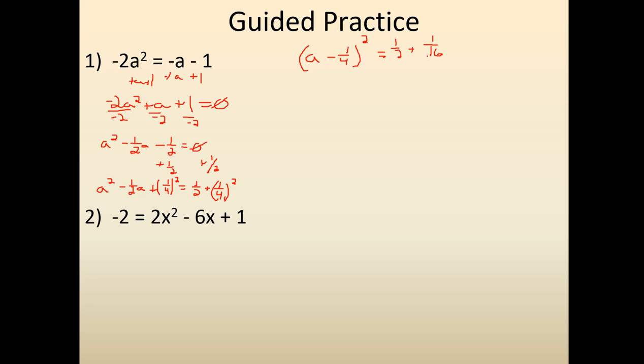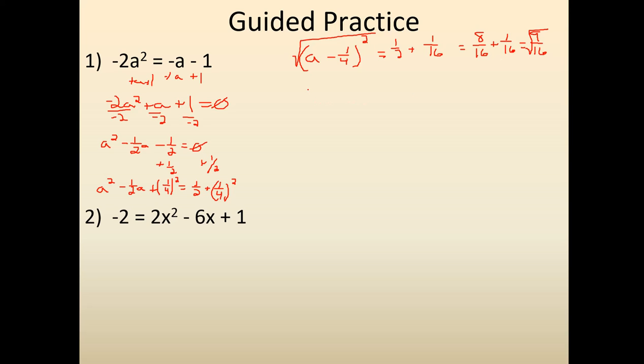I'm going to have to end up cleaning this up a bit. So 1/2, I can actually rewrite that as 8 over 16 and add it to 1 over 16, which gives me 9 over 16. And then from here, I'm going to do what I normally do. I'm going to square root both sides.